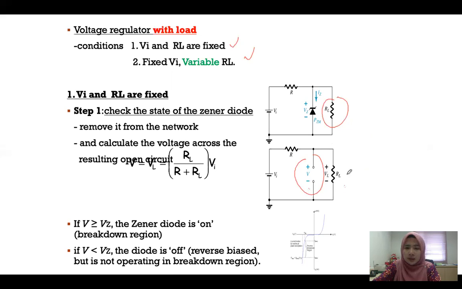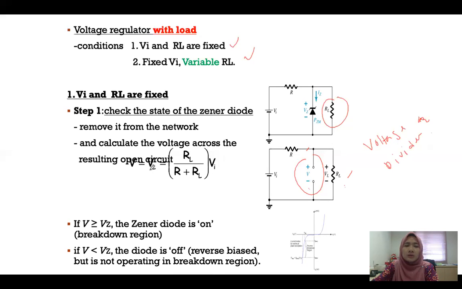You can calculate VL using a voltage divider. Still remember your voltage divider. If you have a series circuit like this and you want to calculate VL, VL equals RL divided by R plus RL, multiplied with V in.